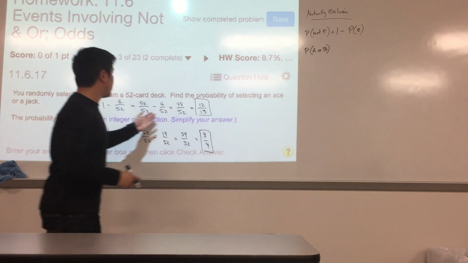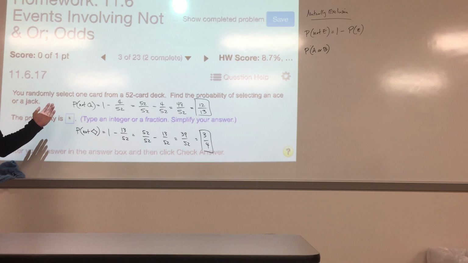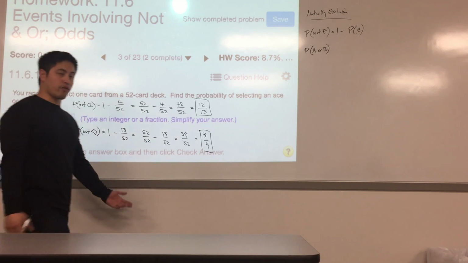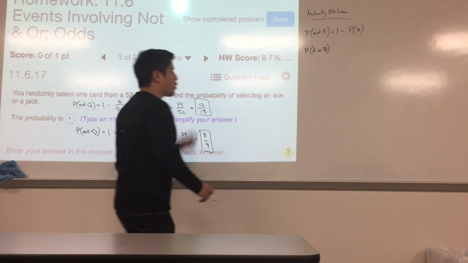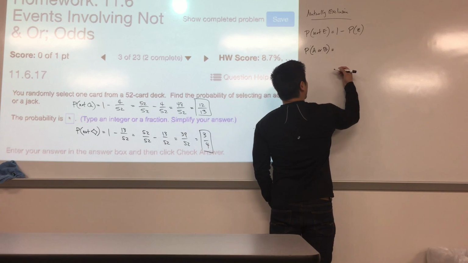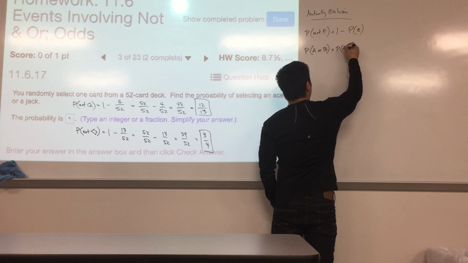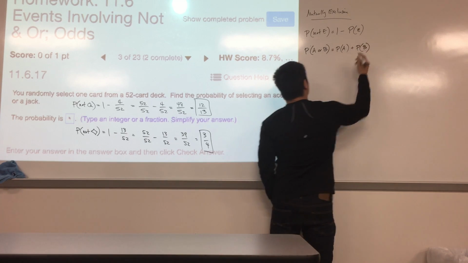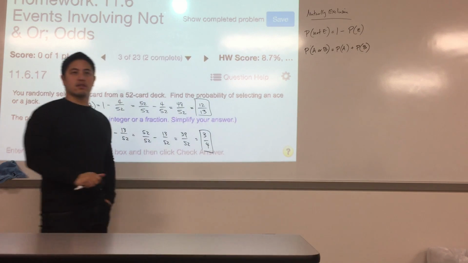Are they asking for the probability of not getting something? No. They're asking for the probability of getting something or something else, which is perfectly viable, right? So if we want to find the probability of an or situation, it's very simple. Find the probability of the first one and add it to the probability of the second event. Does that make sense, guys?